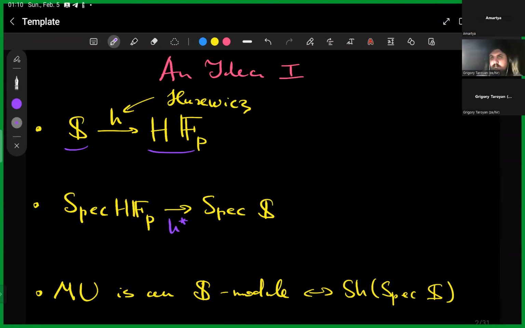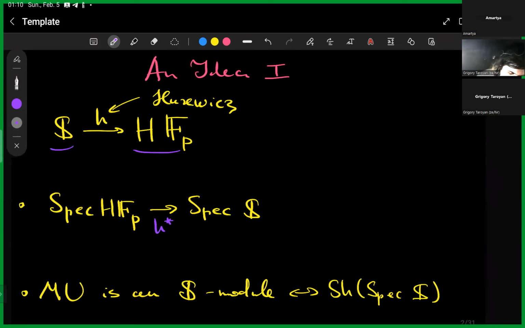So many well-known geometric spectral sequences fall into this category. For example, the spectral sequence of a covering, anything that has to do with Čech cohomology and stuff like that. So that's just a very general idea.